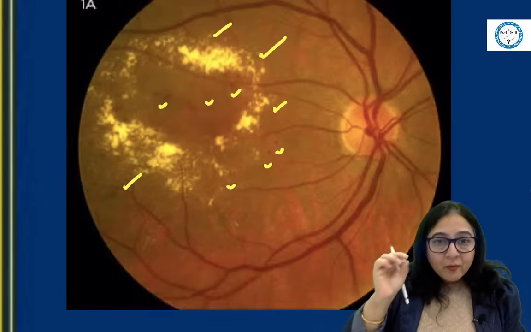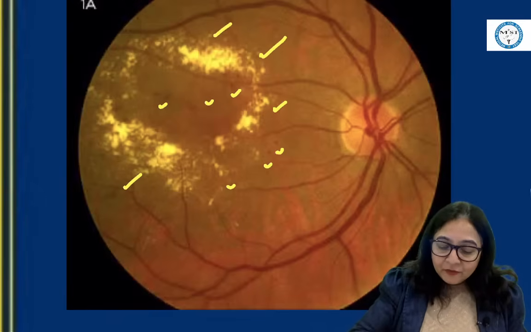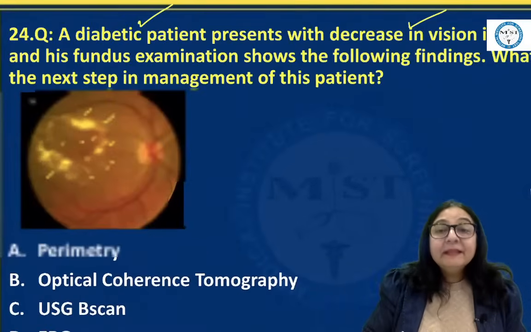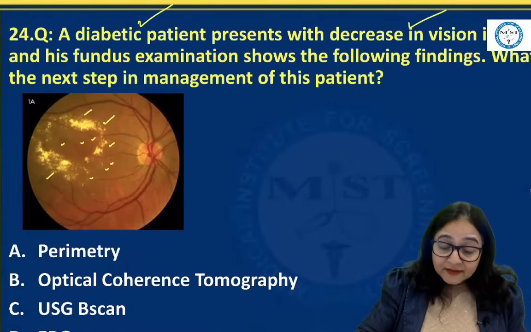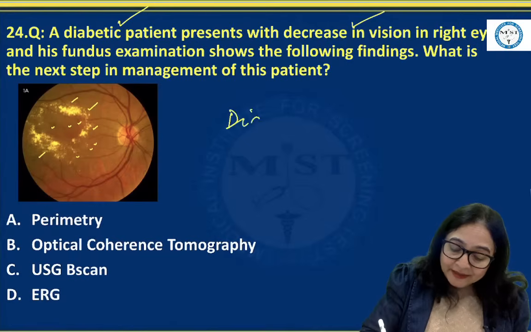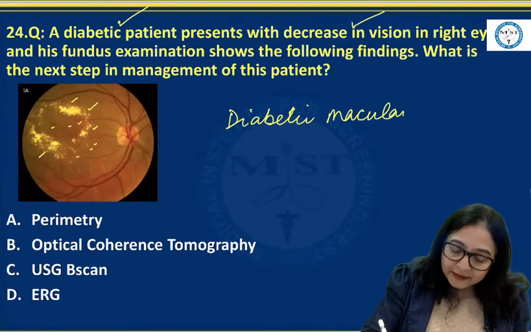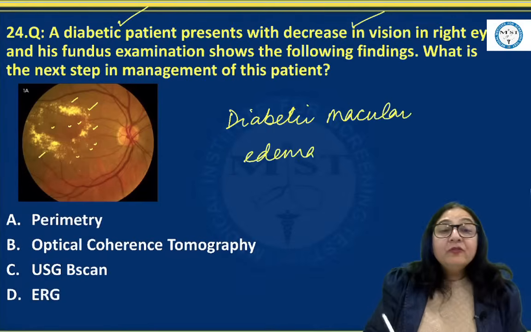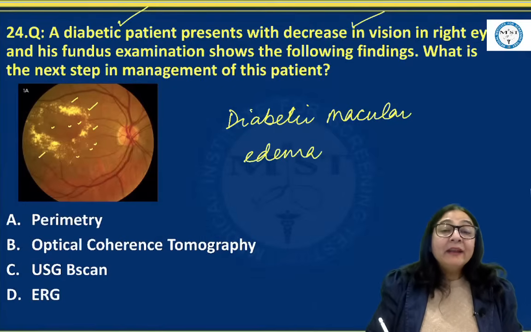Okay, so microaneurysms, lipid exudates seen in the macular area. So this is a case in a diabetic patient. It is the case of diabetic macular edema, correct? So what will be the next step in the management of this patient?